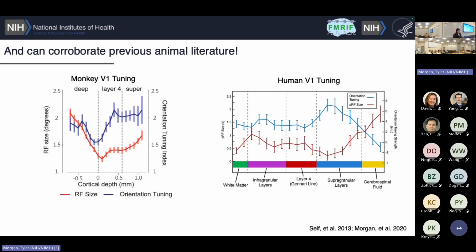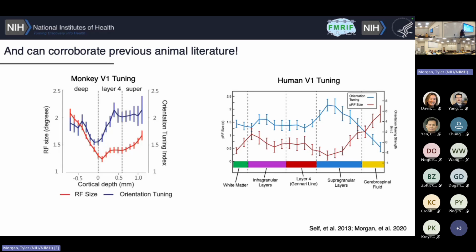At the same time, you can also look at higher level information that's being shown. So here on the left-hand side is basically monkey data that shows that throughout V1, you have different tuning properties for the neurons in each of those layers. So in other words, how much of the world they see, which is called the receptive field size, and what they care about, the orientation of lines in the world in vision that they can see, change over these different layers.